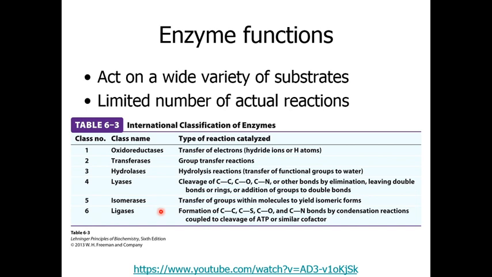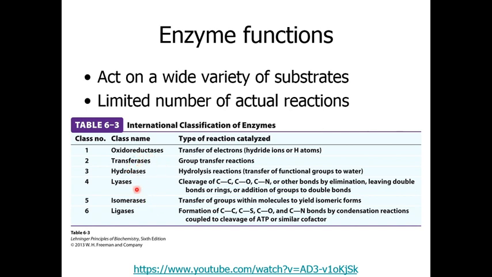isomerases, as the name suggests, transfer groups within molecules to yield isomeric forms, and ligases form C-C, C-S, C-O and C-N bonds by condensation reactions. Ligases are typically the opposite of lyases. Now, if you look closely, the names of the enzymes all end in -ase, which means that these are the names of enzymes.